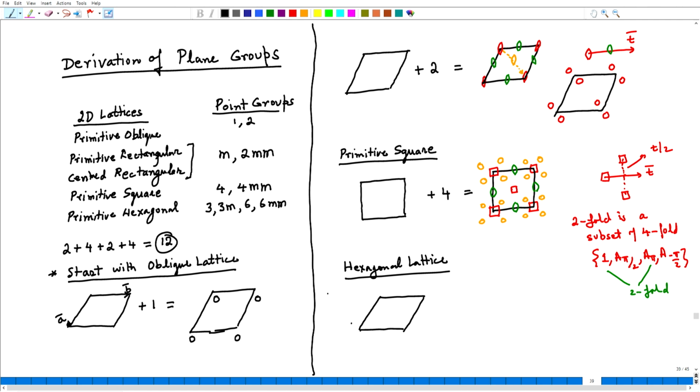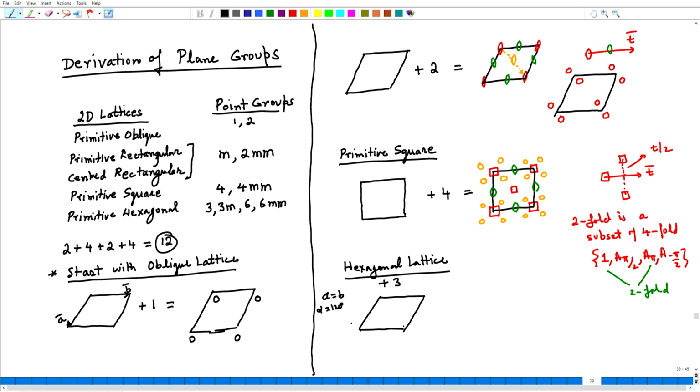So, remember A in this case would be equal to B, and the angle alpha would be equal to 120 degrees. Add 3 to this. So, for the hexagonal lattice I am going to add 3.